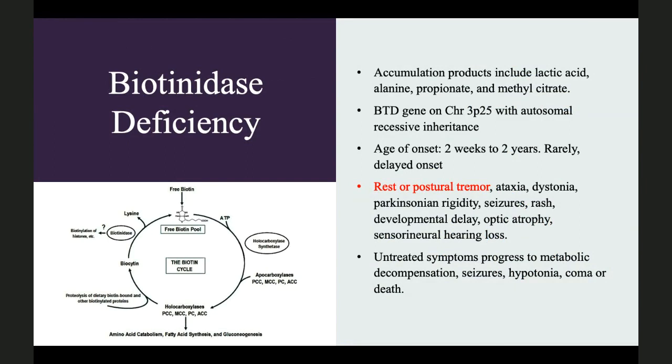The tremor we see can be rest or postural. It can also present with ataxia, dystonia, Parkinsonian rigidity, seizures, rash, developmental delay, optic atrophy, and sensory neural hearing loss. Untreated symptoms can progress to metabolic decompensation, seizures, hypotonia, coma, or death.